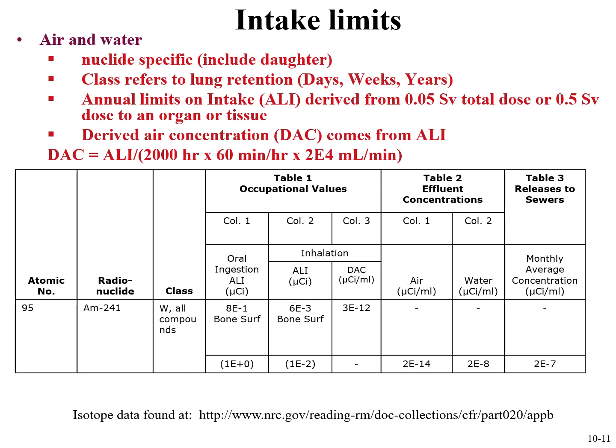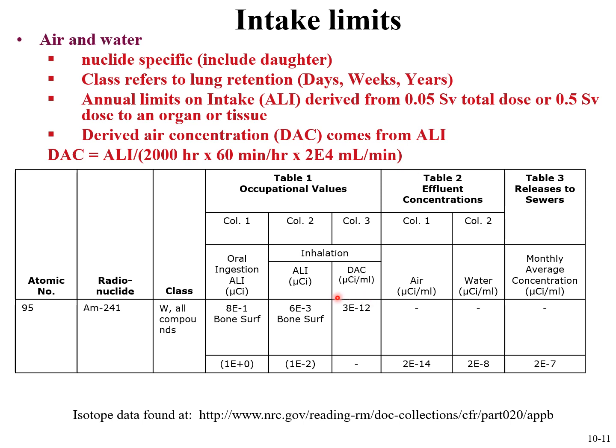Another unit is the derived air concentration, the DAC, and this comes from the annual limit on intake. It's the assumption that there's a certain radionuclide in the air, and it's based upon the ALI, the annual limit on intake, assuming that you would be breathing this air for 2,000 hours, that would be a typical work year, and that your exchange of air is listed here as 2 times 10 to the 4th milliliters per minute.